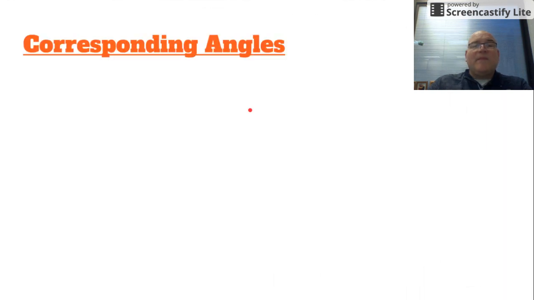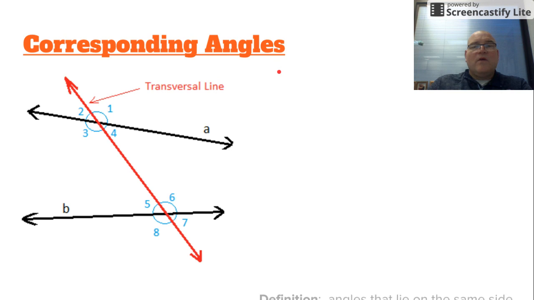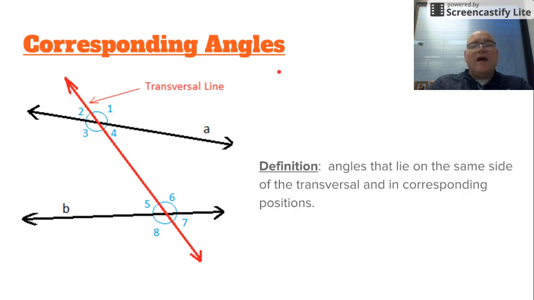Next, corresponding angles. What are those? Well, they're angles that lie on the same side of the transversal and in corresponding positions. When we say corresponding, it's in relationship to the coplanar lines. What do you think are corresponding?